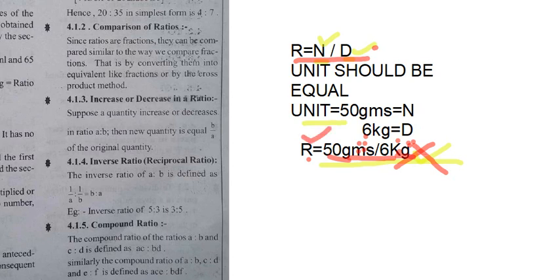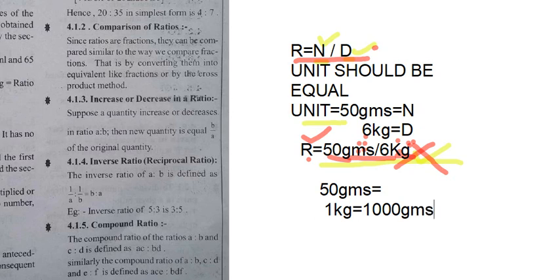So if I want to write this particular term as a ratio, then I know that 1 kg is equal to how many grams? 1000 grams, right?